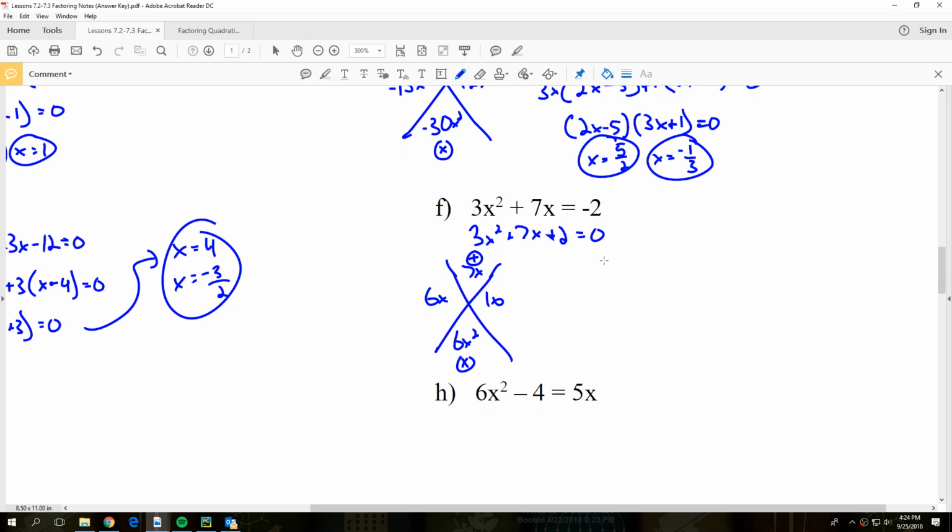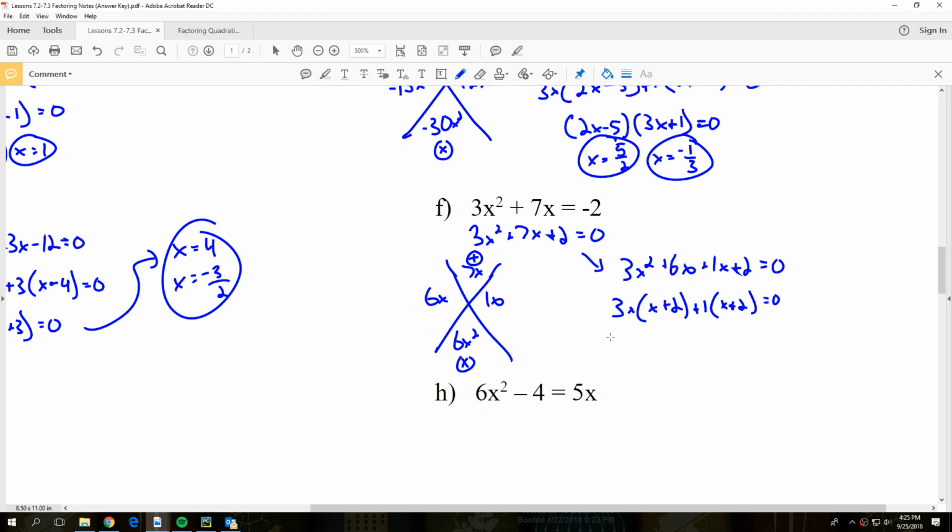And let's go ahead and split this up then. So that's 3x squared plus 6x plus 1x plus 2 is equal to 0. Factor by grouping, pull out a 3x, and that leaves me with x plus 2. Pull out a 1, that leaves me with x plus 2 is equal to 0.